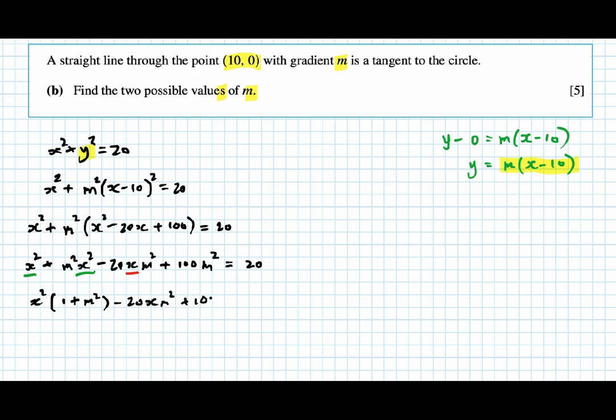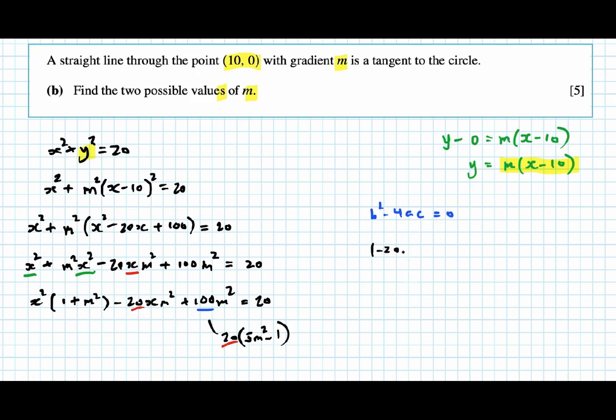I think we can, yep. So x squared, I've got 1 plus, so I've got one of them plus x squared times m squared, and 100 m squared. So 100 m squared could also be 20 times 5m squared, minus, we have a minus 20 as well. So I'm just trying to see, we can do it both ways, which is the easiest way.